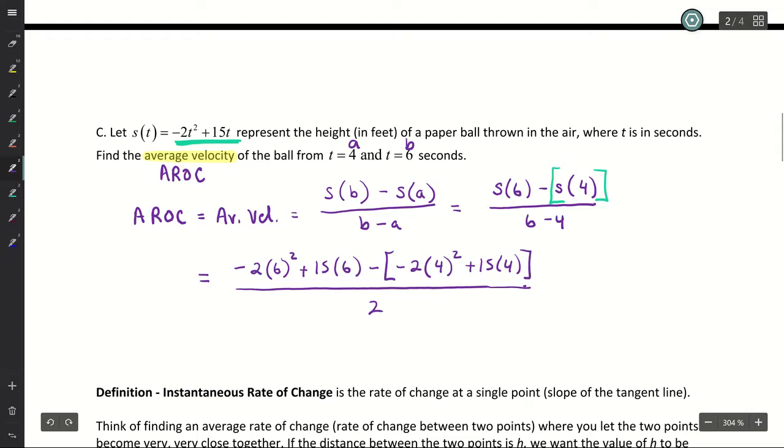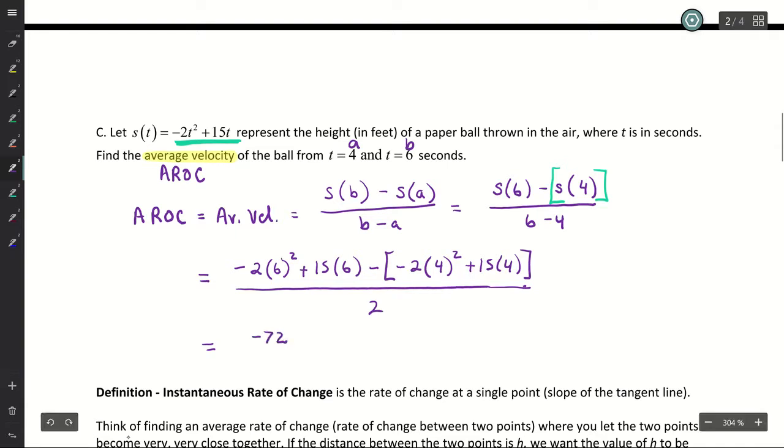All right, and then from here, we're going to evaluate our different pieces. For this first piece, I'm going to do this all together. You have your calculators, so if you want to do this all together, you definitely can. The 6 squared is 36, and then 36 multiplied by your negative 2 is negative 72.